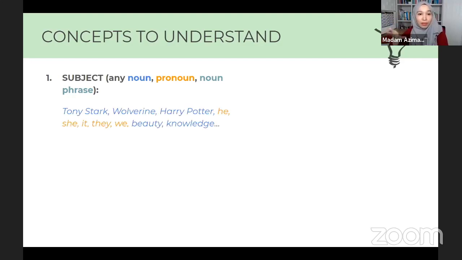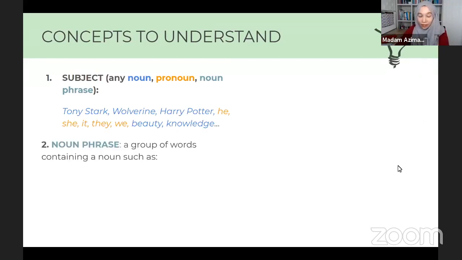Simple examples: noun or proper noun, like Tony Stark, Wolverine, Harry Potter. Pronouns like he, she, it, we, they. And beauty, knowledge, those are also nouns. Subjects are like this.